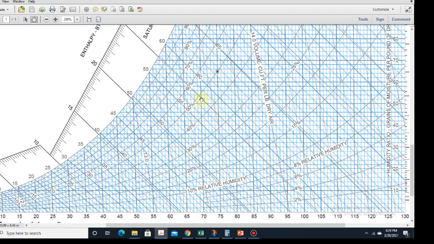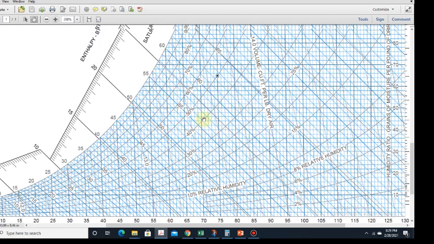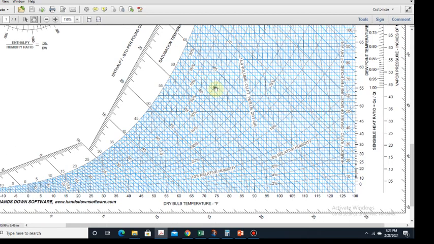With this we can first find the humidity ratio, that is around 55 to 56. Sorry, we can find the humidity ratio, that is 65. This is the dew point temperature.